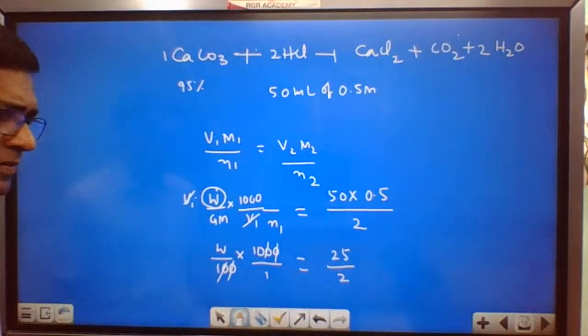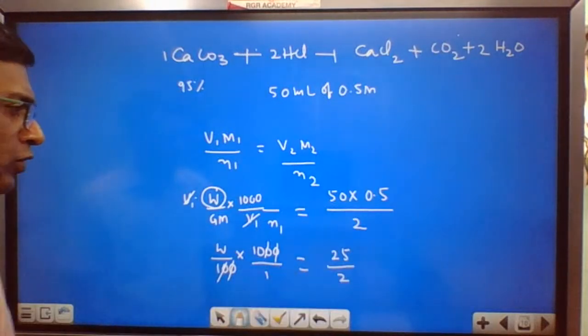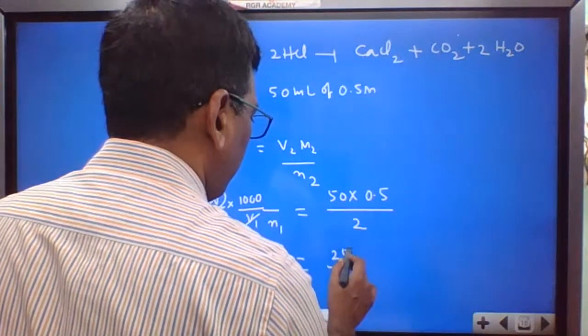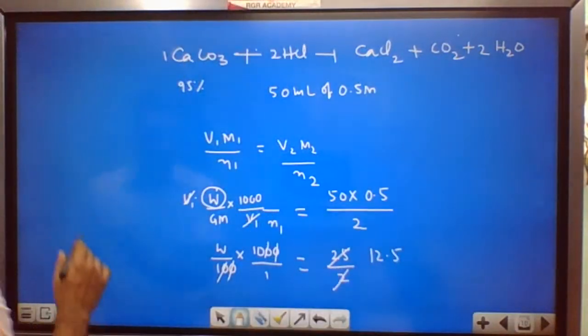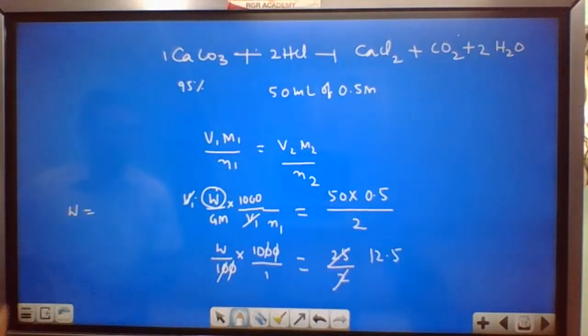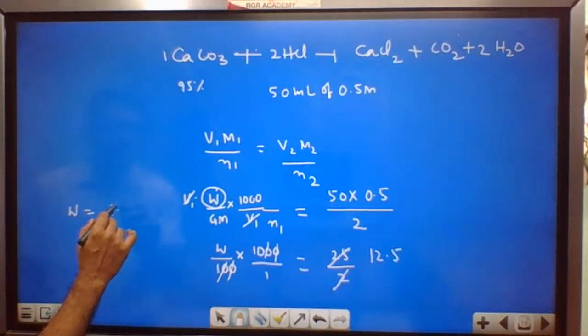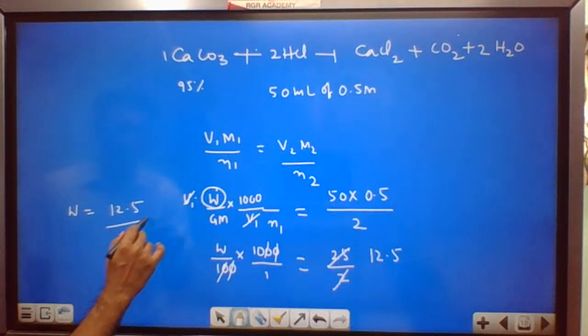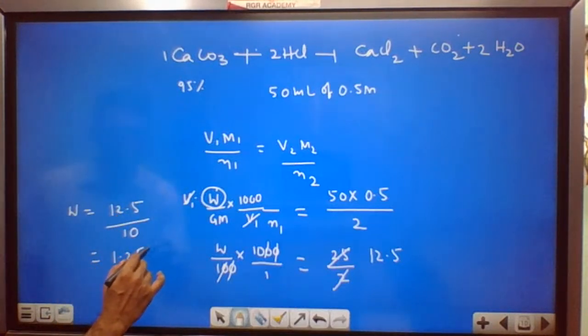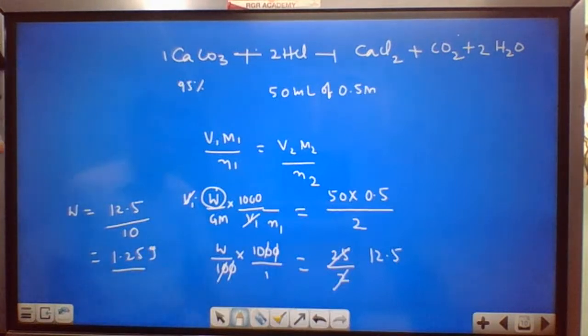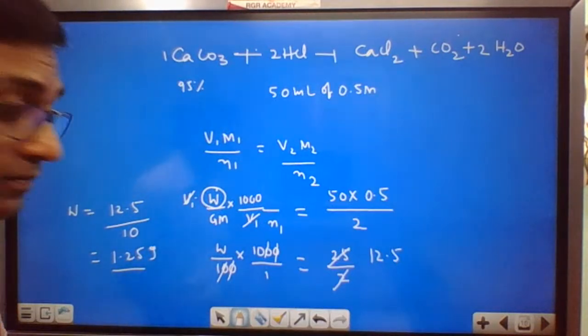This is equal to this. Then we want W. If you divide, you will get 12.5. Then W is equal to 12.5 divided by 10, that is 1.25. Interestingly, this option is also given in the question.